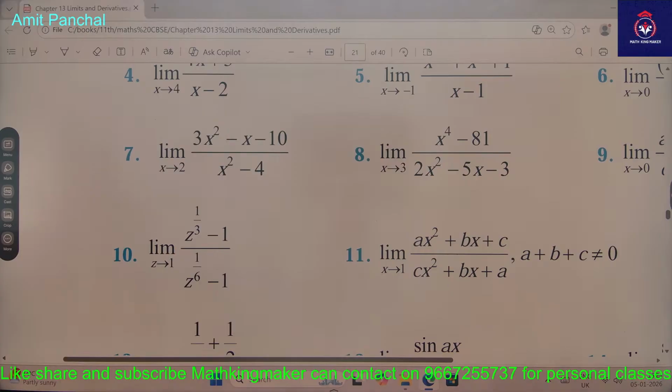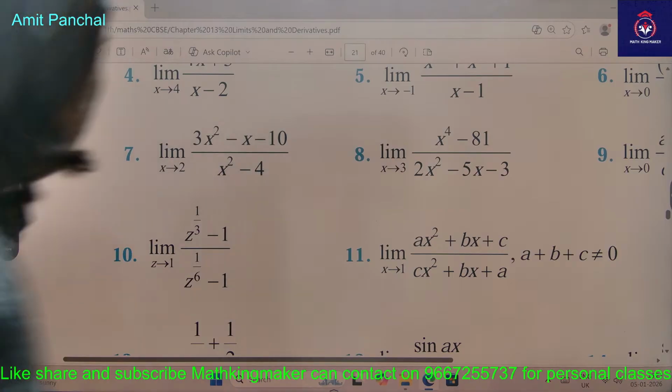Have you done the 10th one? Sir, it's 1. The 10th one I got... I'm done with the 10th one. I was doing the 11th one. The 10th one I got 2. The 11th one is 1. Okay, right. The 10th and 11th, both are right. Okay. Good.